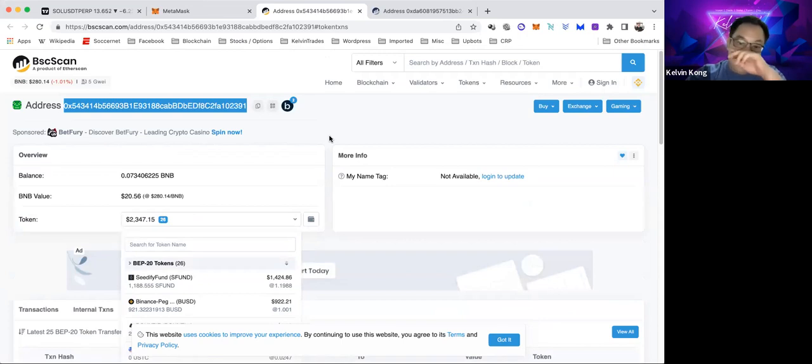Just like your Nano wallet, your hardware wallet is also like MetaMask, just that it is physical. That's why we call it a hardware wallet. MetaMask is a digital wallet.